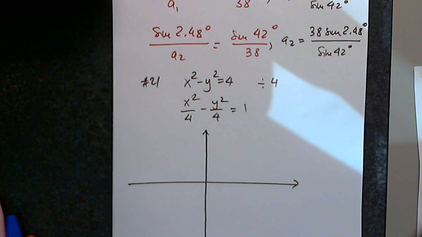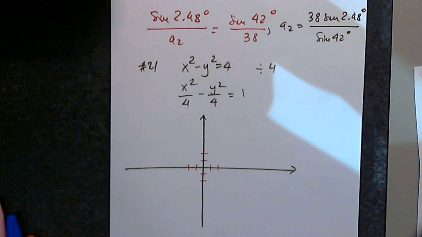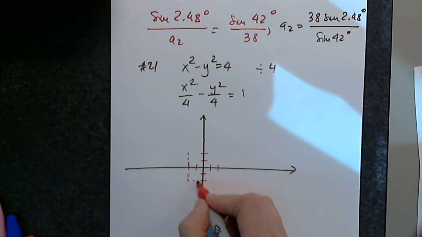Start at the vertex at 0, 0, so go up 2, right 2. Yes. Good. So that's the center box.